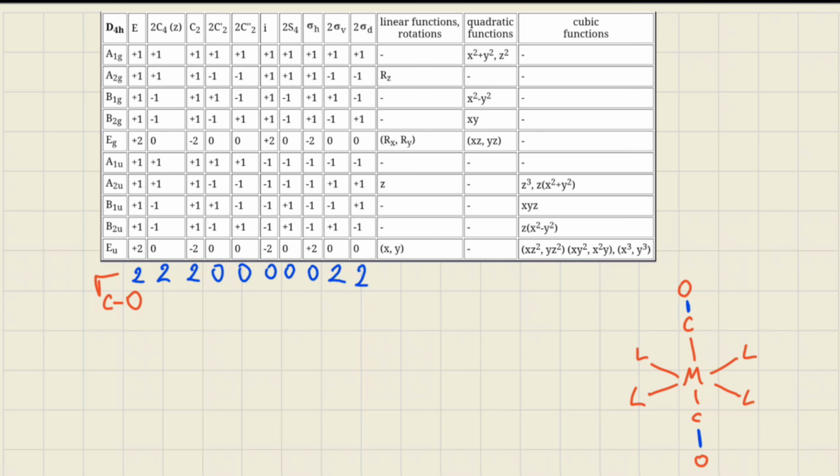So if you want to find our reducible representation by using the irreducible ones, there is a method: 1/16 times 1 times 1 times 2, for instance, for A1g, to understand how many A1g there are, and you have to apply it to all operations.